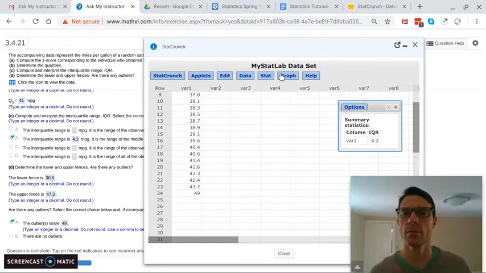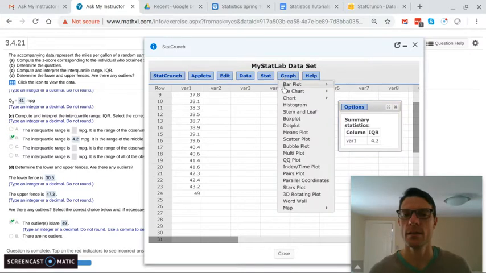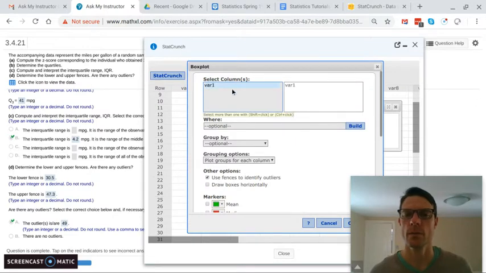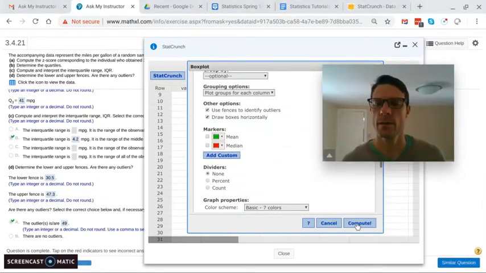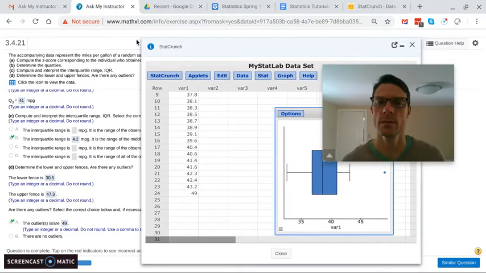I also want to show you a cool thing to really quickly identify the outliers. If they don't make you find the fences and everything, if you do a box plot, it gives you a couple of cool things. Use fences to identify outliers, draw boxes horizontally. Let me show you the graph of this.